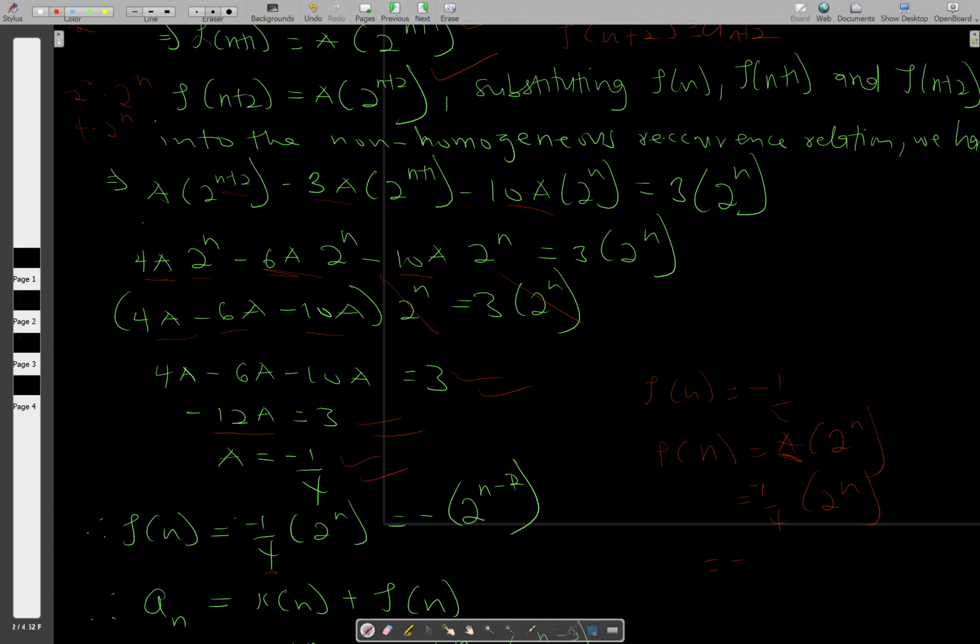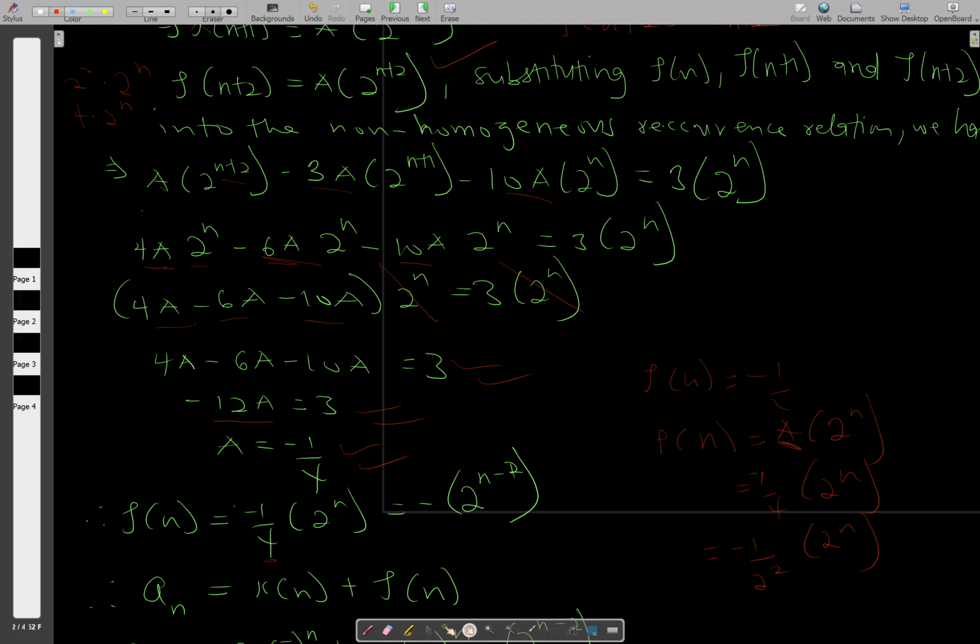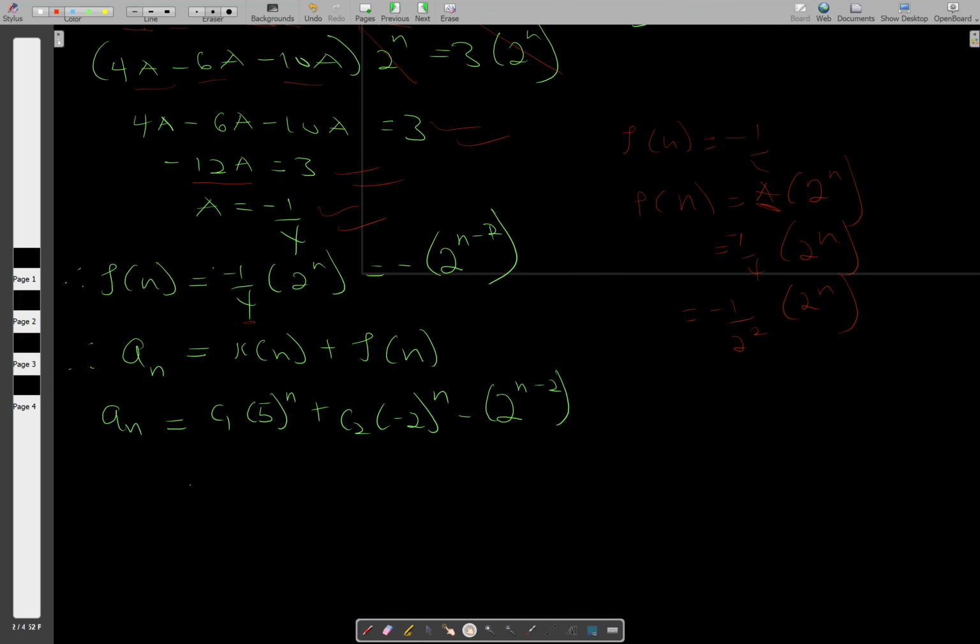This is the same as minus 1 over 2 squared times 2 to the power n, and from the laws of indices this can also be written as minus 2 exponent minus 2 times 2 to the power n.